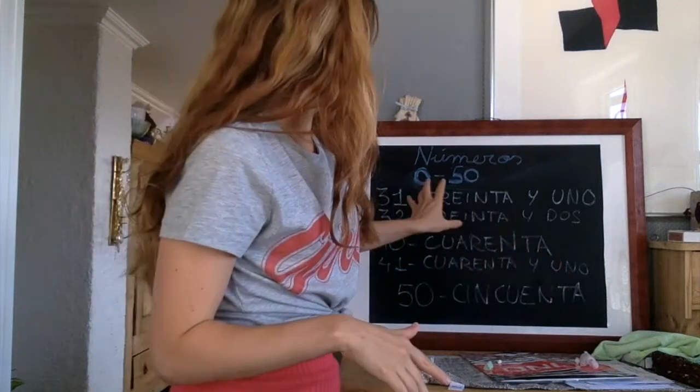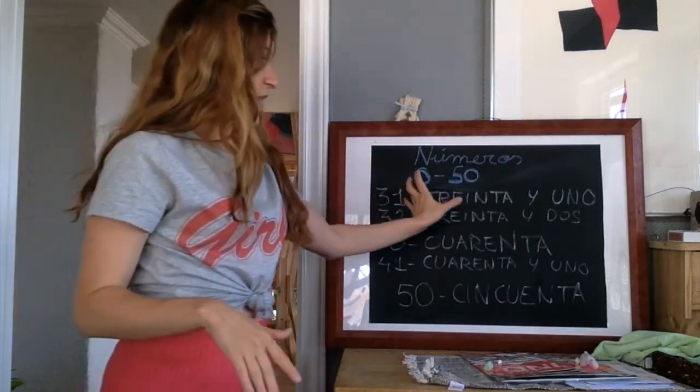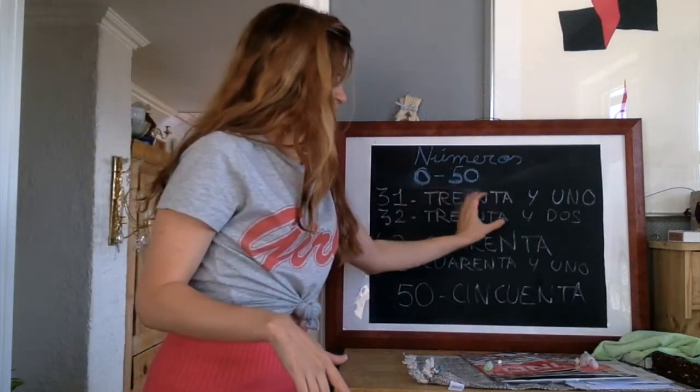And then we continue exactly the same. 51, 52, 53. So from 30 we start writing basically in 3 words.